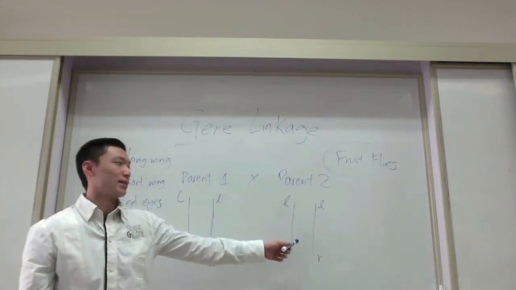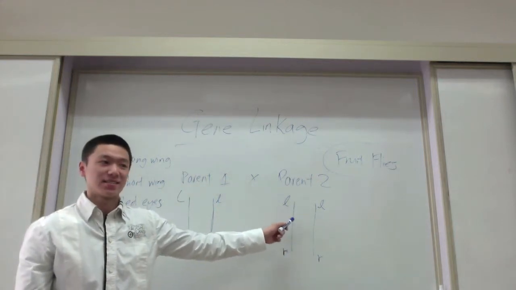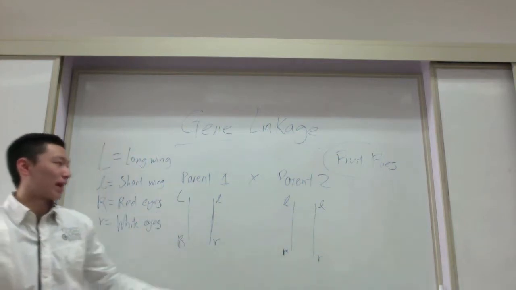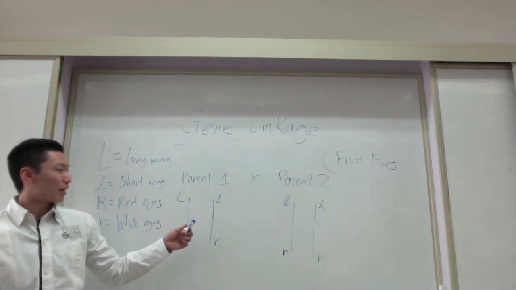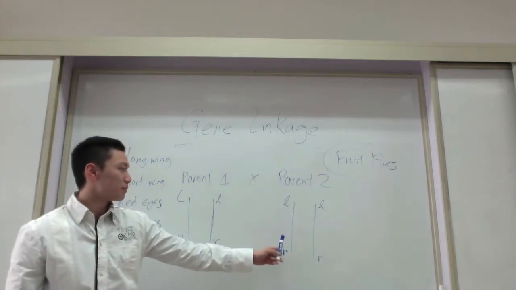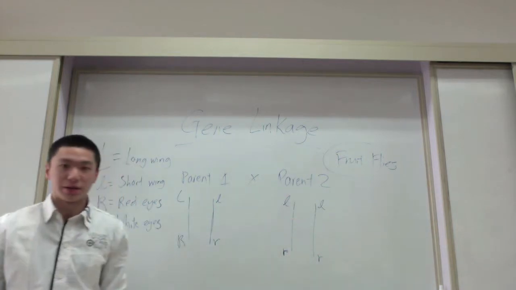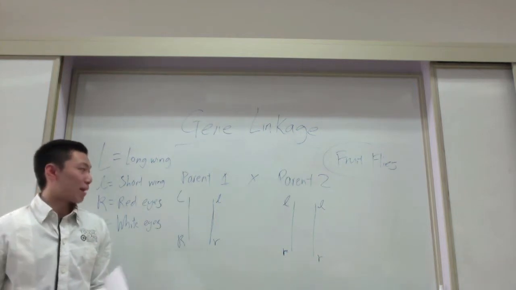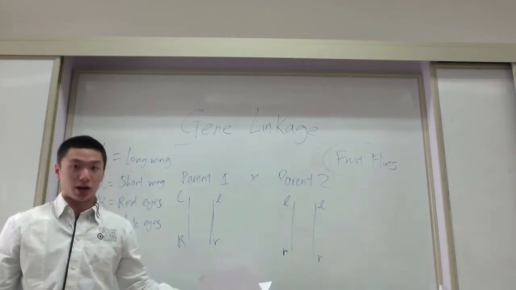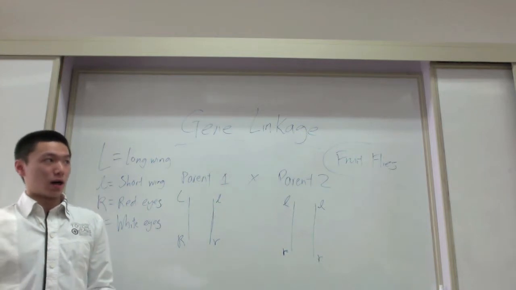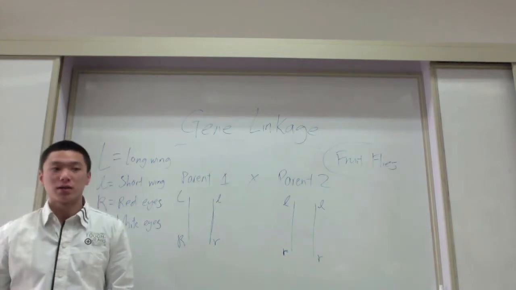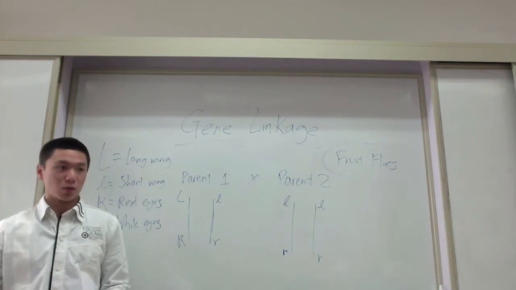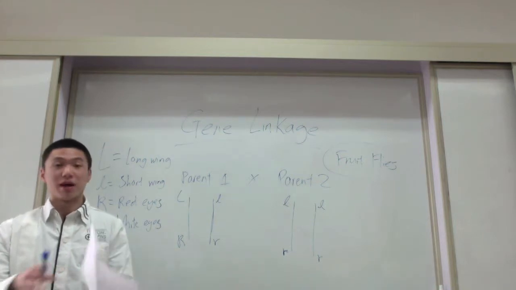And parent 2 is homozygous recessive, meaning they have short wings and white eyes, as you've seen here. And so when gene linkage happens and they go through a test cross, the probability of their offsprings would vary.